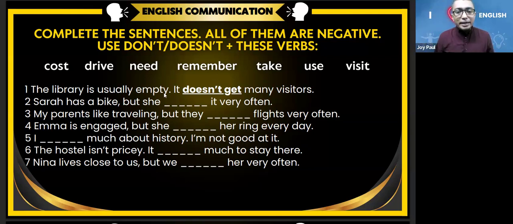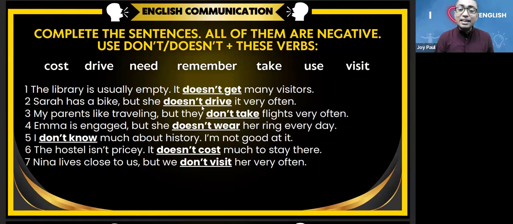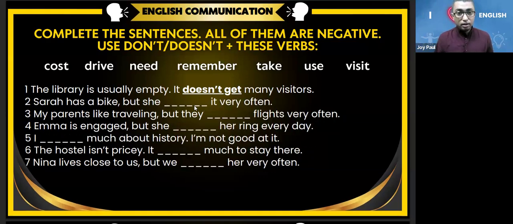The library is usually empty. It doesn't get many visitors. Now you know why doesn't, why don't. Great. Sarah has a bike, but she doesn't drive it very often, because we have to use the word given above, drive.